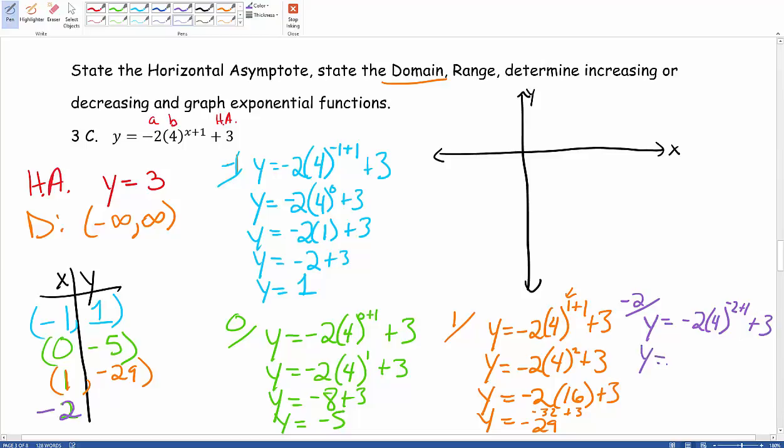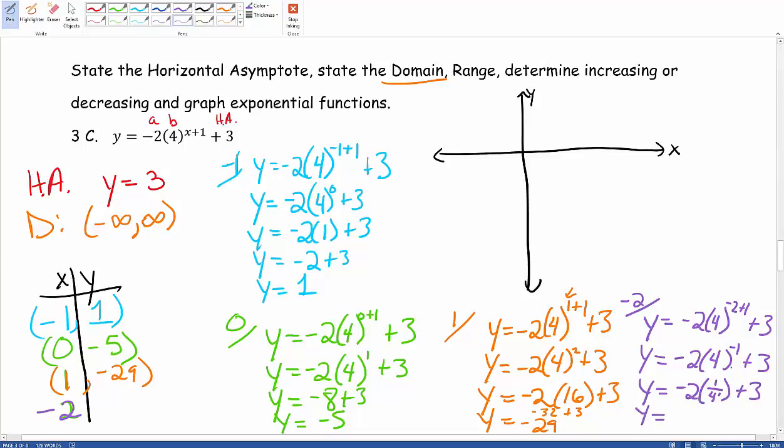So then we end up with y equals our a value negative 2 times the base 4 raised to the negative 2 plus 1, which is negative 1, plus 3. But since we can't have negative exponents, we're going to rewrite 4 to the negative 1 as 1 over that base 4 raised now to the positive 1, plus 3.